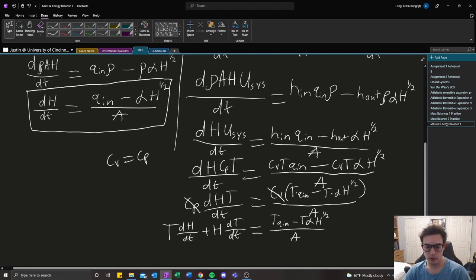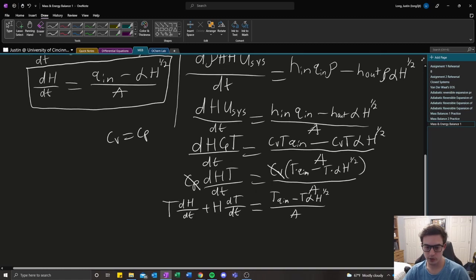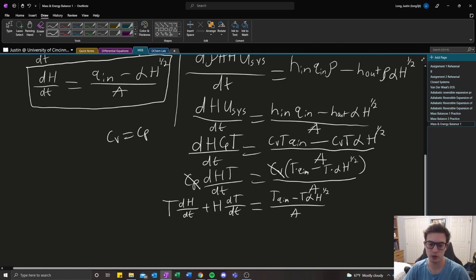And so we want to solve for the change in temperature with respect to time. So we're going to subtract that over, and then divide by the height. So let's do that and end up with our final equation.